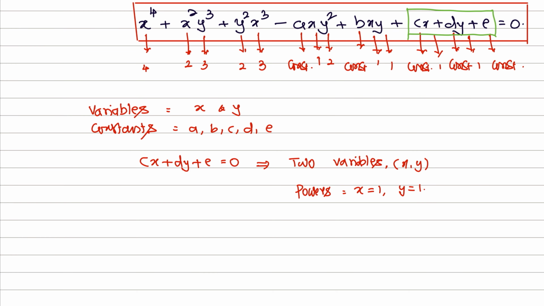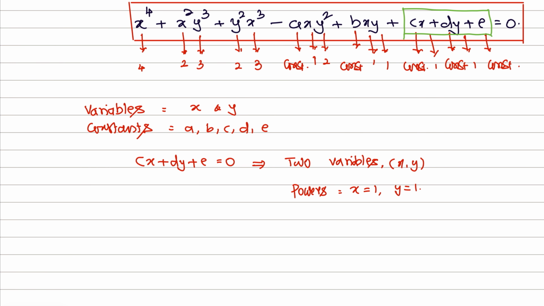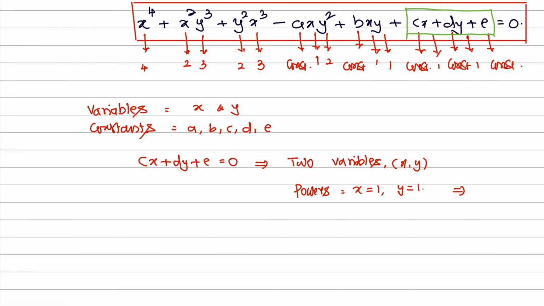If the powers are 1, as I told at the time of introduction, when the powers are 1, the equation is called a linear equation. But it's a linear equation with two variables.